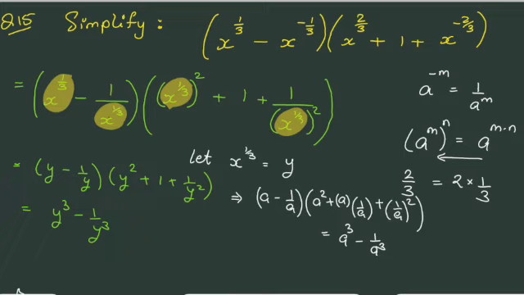Now we replace what we had assumed. If x raised to 1 upon 3, the cube root of x, is y, then x will be equal to y cube. When you transpose the cube root to the right hand side, it becomes a cube. So y cube equals x. So your answer is x minus 1 upon x.